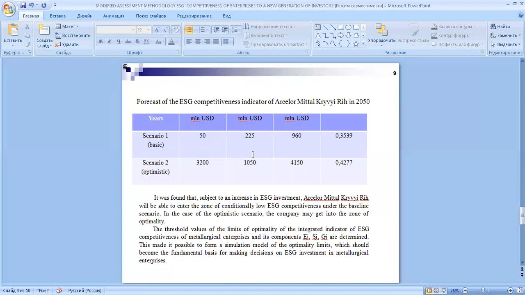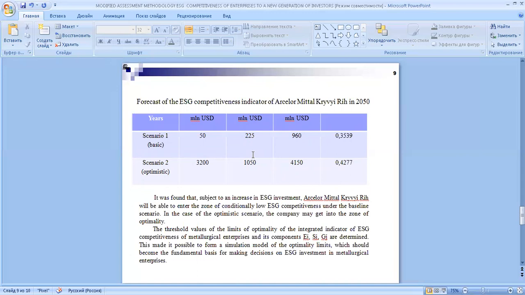It was found that subject to an increase in ESG investment, ArcelorMittal Kryvyi Rih will be able to enter the zone of conditionally low ESG competitiveness under the baseline scenario. In the case of the optimistic scenario, the company may get into the zone of optimality.